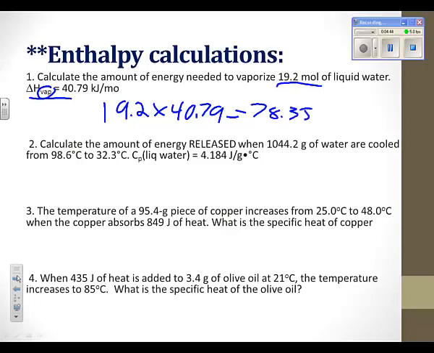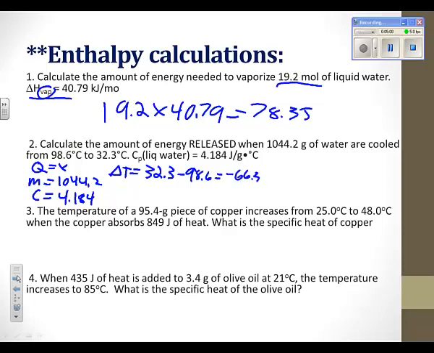The next one, you have to calculate the energy release. So you're looking for Q. You have a mass of 1044.2. You have a specific heat of water, which is always 4.184. And you have a delta T, just temperature final, 32.3, minus initial, 98.6. And that will give you negative 66.3. So you plug it in. Q equals MCAT.